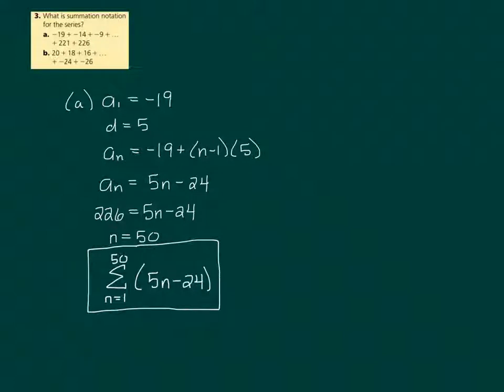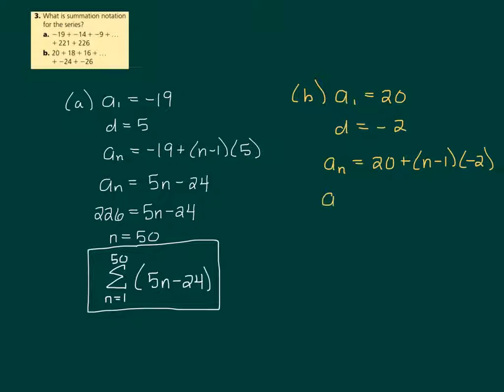Part B. We know the first term is 20. We know the common difference is negative 2. So the explicit formula, 20 plus n minus 1 times negative 2, which if we simplify, we get negative 2n plus 22.